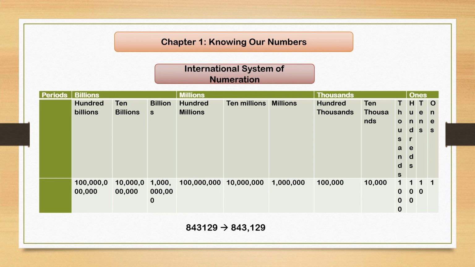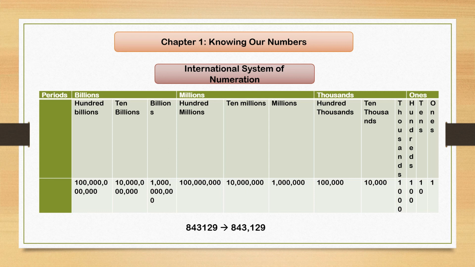Next, we have International System of Numeration. The International System of Numeration has four periods, which are ones, thousands, millions and billions. Each period has three place values and it is read as ones, tens, hundreds, thousands, 10,000s, 100,000s, millions, 10 millions, 100 millions, billions, 10 billions and 100 billions.